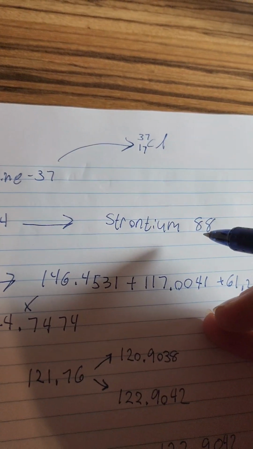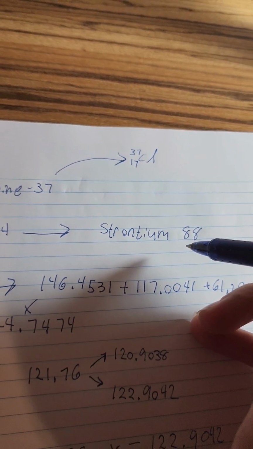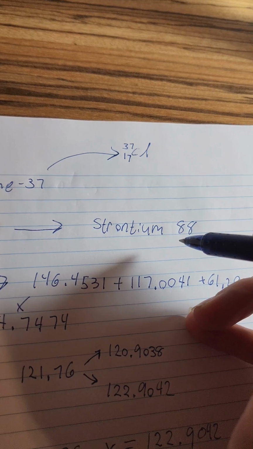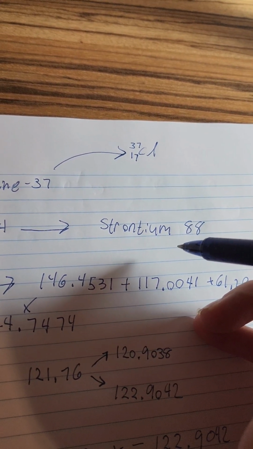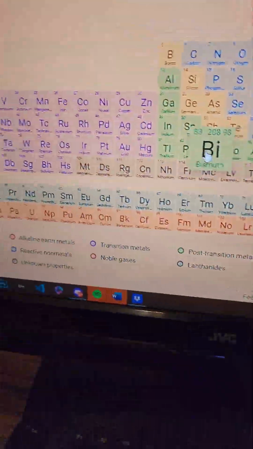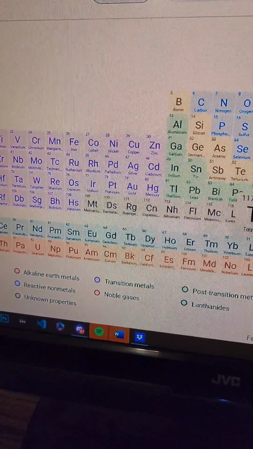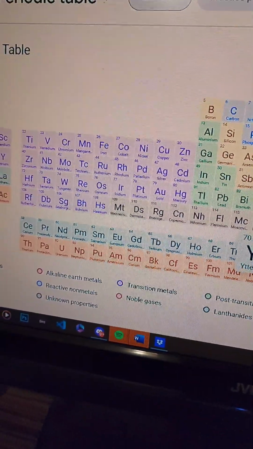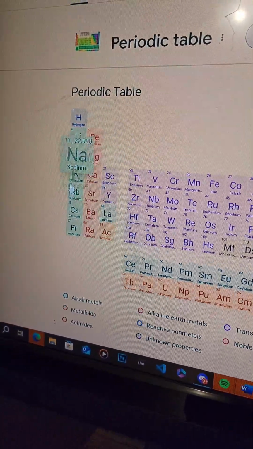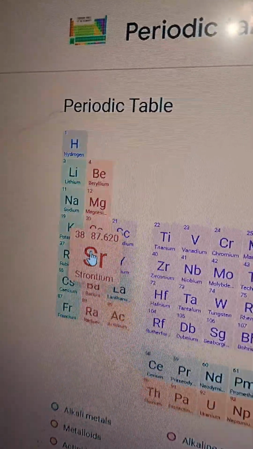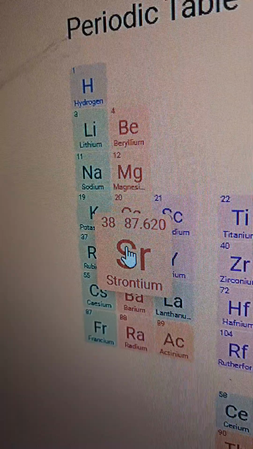So when we're talking about strontium-88, the reason that we know it's the most abundant is because of its average mass number, which we can see in the periodic table, wherever strontium is, Sr, come on, 87.620.